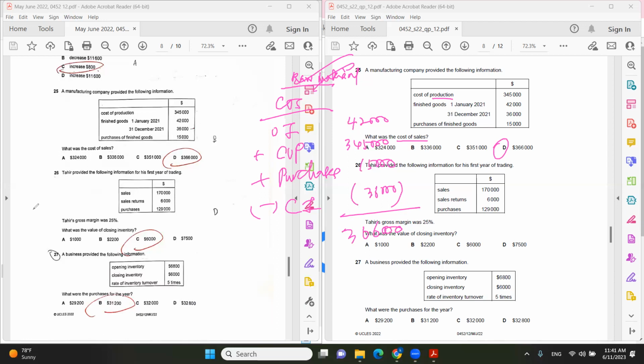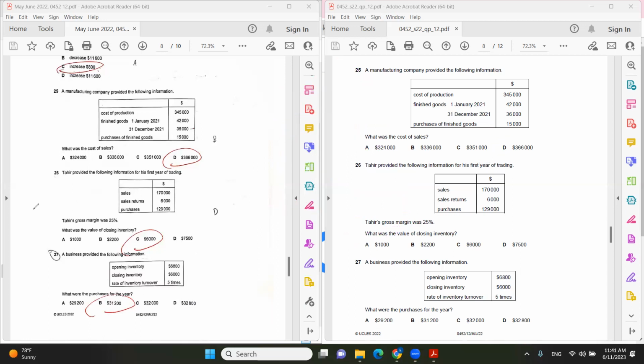Okay, now next. Question 26. Tahir provides the following information for the first year of trading. So Tahir's gross profit margin. This sounds like a repeated question. Sales minus sales return, 170000 minus 6,000.